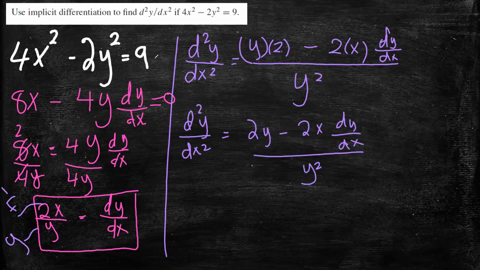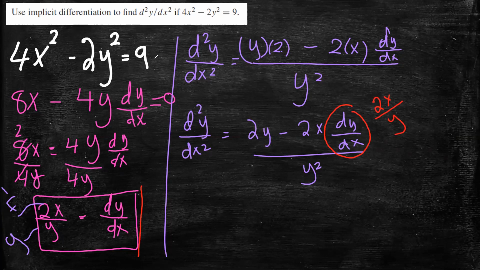Then now after that, I have dy over dx. I cannot keep it like this. I cannot keep it as dy over dx. What do I have to do? We said here that dy over dx is equal to 2x over y.